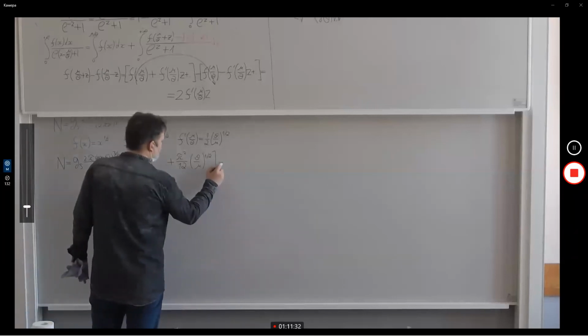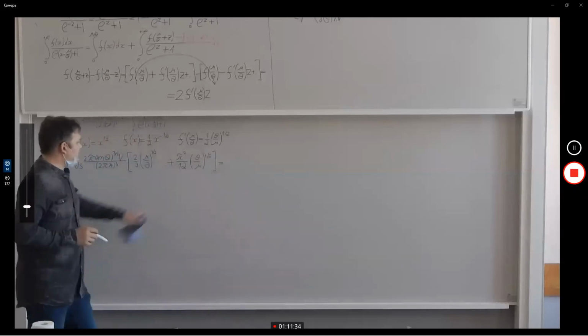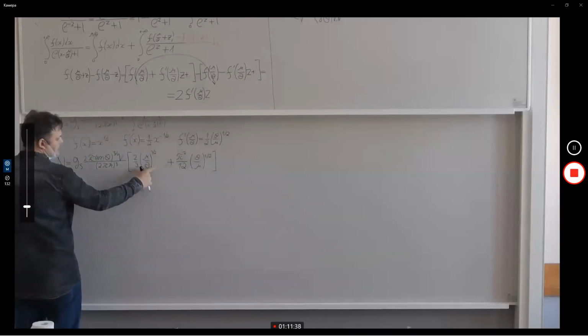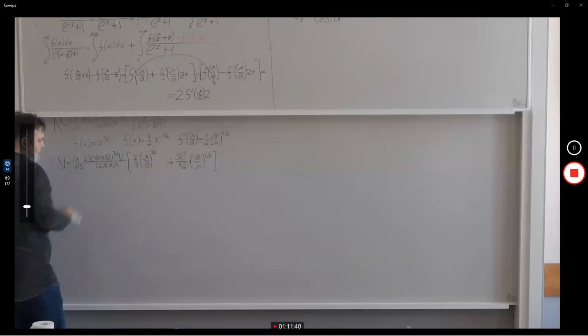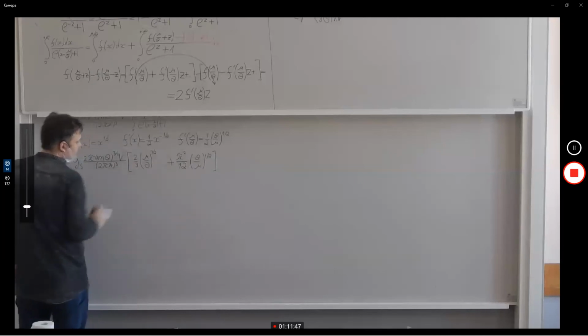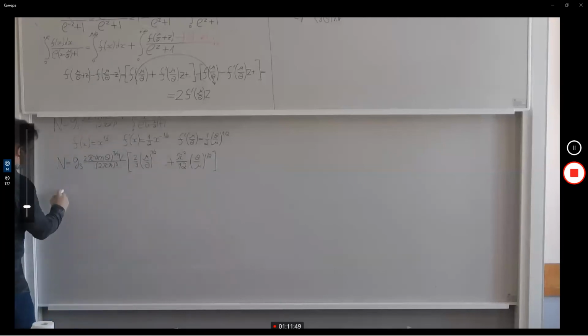And it's better now to just take the leading term as a common factor, and then in the bracket we will get 1 plus a certain correction.